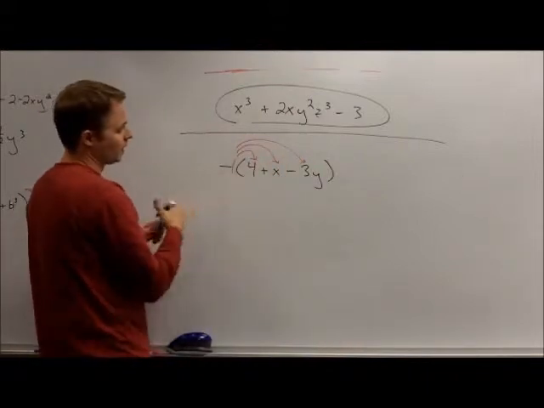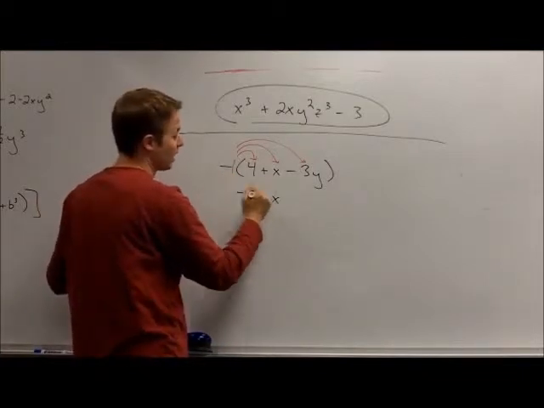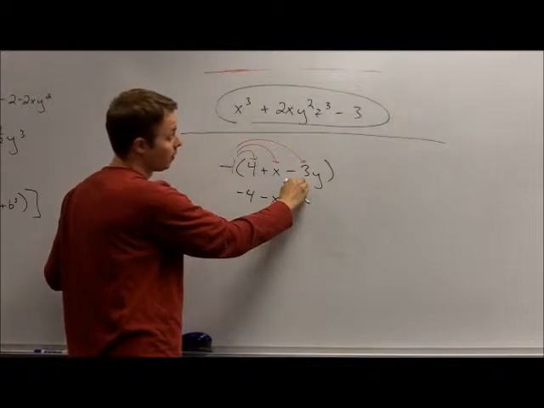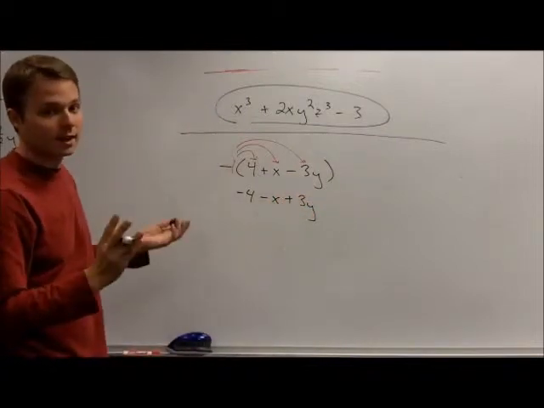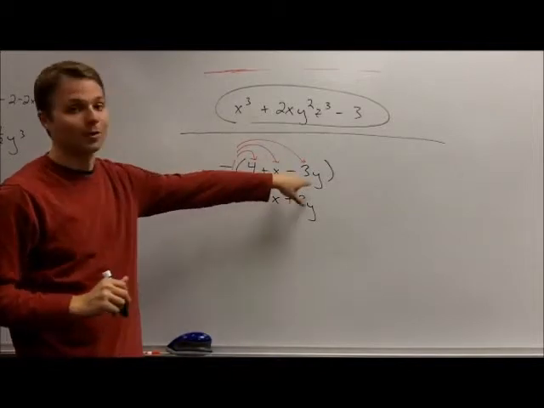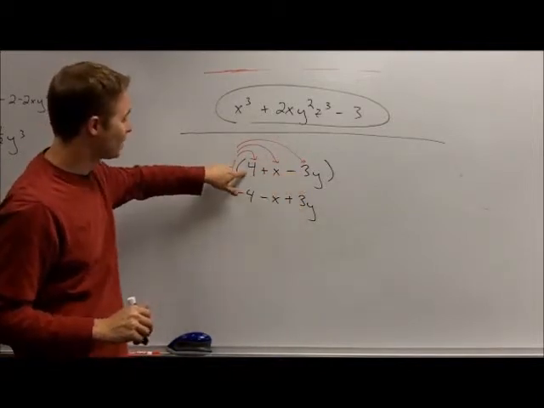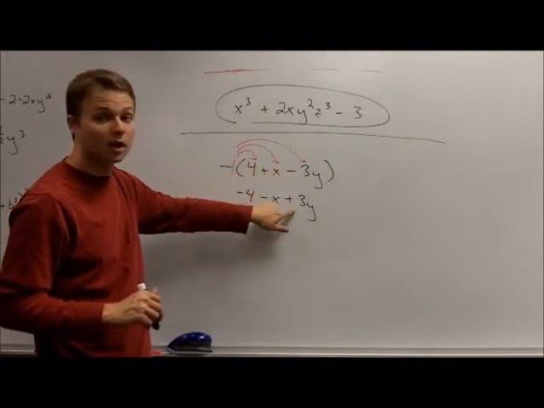So -1 times 4 is -4, -1 times x is -x, -1 times -3y would be a +3y. If you notice, by distributing a negative, you'll always just flip the sign of whatever the terms are. So the +4 becomes negative, the +x becomes negative, the -3y becomes positive.